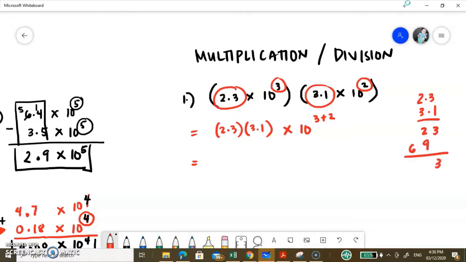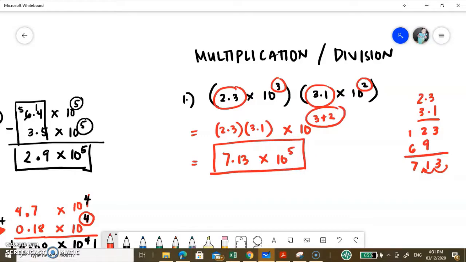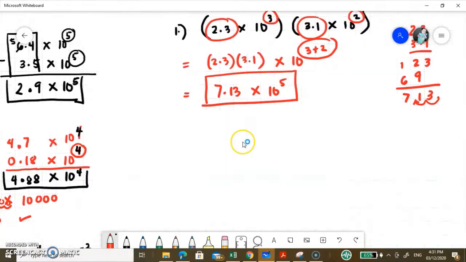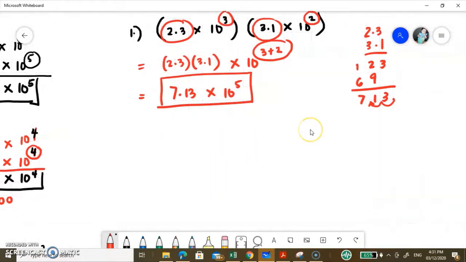That would be 3, 9 plus 2 is 11, 6 plus 1 is 7. And then you just have to move 2 decimal places, 1, 2. So your answer here would be 7.13 times 10 raised to 3 plus 2 is 5. Okay? So this would be your answer. Ganyan ang magiging sagot. Okay? So, ganyan lang gagawin kapag multiplication.